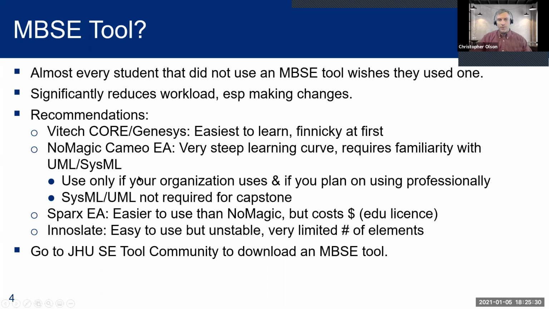Both are great tools. I use Sparks EA more than the other one, just because I have the full unlocked version, whereas the academic version of No Magic has a limited amount of entities that you can use. Both have a steep learning curve, like I said, and they both require familiarity with UML and SysML. So if you're going to get into that, or if you already are into that in your professional life, then use probably No Magic or Sparks.